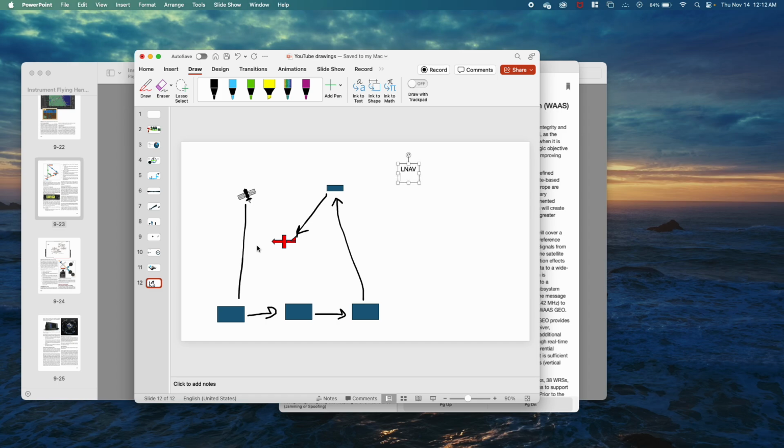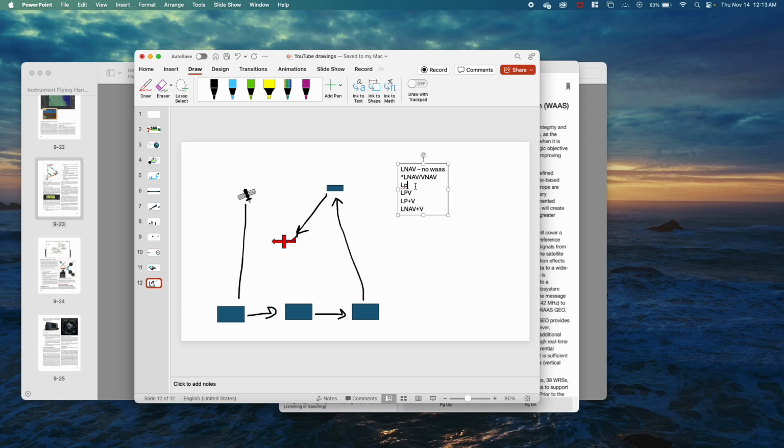You have LNAV, LNAV/VNAV, LP, LPV, LP plus V, LNAV plus V. All right, so a quick way to remember this: I'll put a star right here. We'll talk about this in a sec. The only one that does not require WAAS is LNAV, so no WAAS. Everything else requires WAAS essentially. So that's an easy way to remember that.